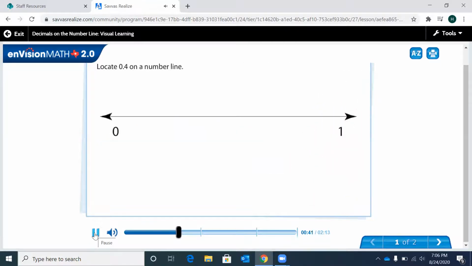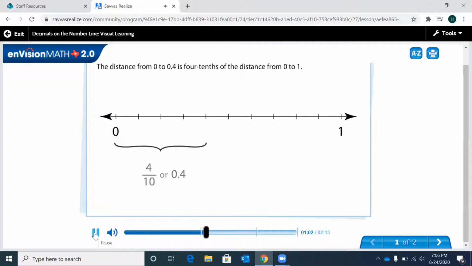Locate 4/10 on a number line. Draw a number line and divide the distance from 0 to 1 into 10 equal parts to show tenths. Where should you draw a point to show 4/10? The distance from 0 to 4/10 is 4/10 of the distance from 0 to 1.